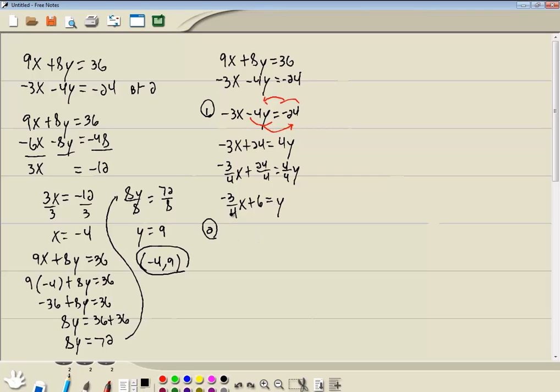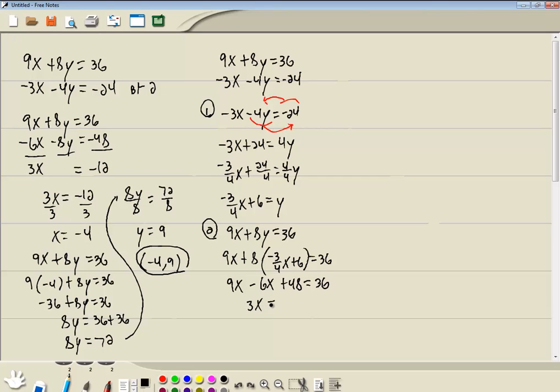Now our second step, we want to plug what we just found into the other equation. So we've got 9x plus 8y is equal to 36. And we just said y is equal to this. So where the y is, we're going to put in negative 3/4 x plus 6. Okay, distributive property. 8 times negative 3 is negative 24, divided by 4 is negative 6x. 8 times 6 is 48, equals 36. 9x minus 6x is 3x.